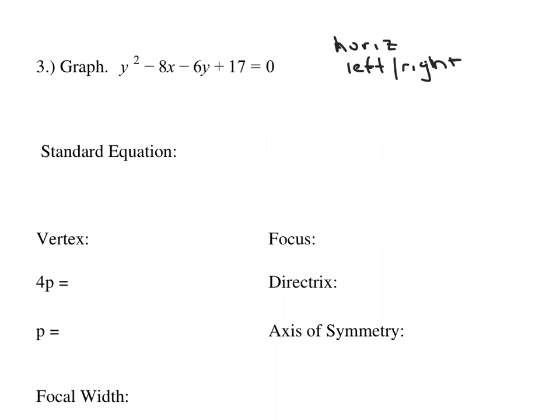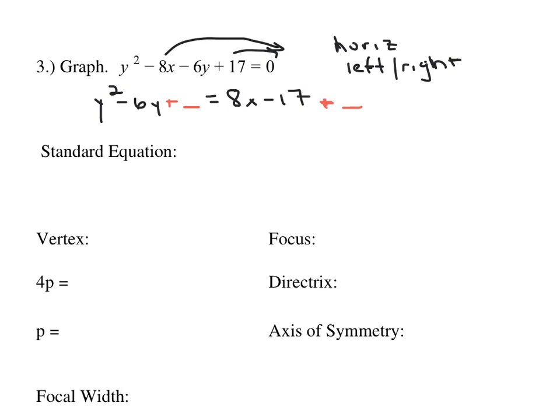So I'm going to go ahead and get this set up to complete the square. So I'm going to move everything but the y's over. Now I am completing the square, so I'm going to leave a little space in there. Let's complete the square.